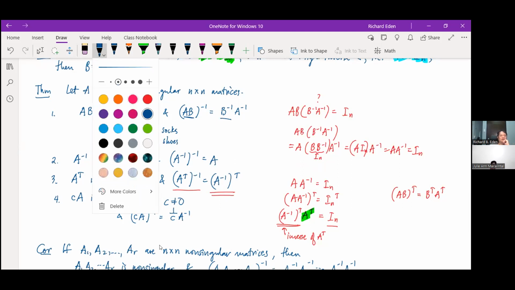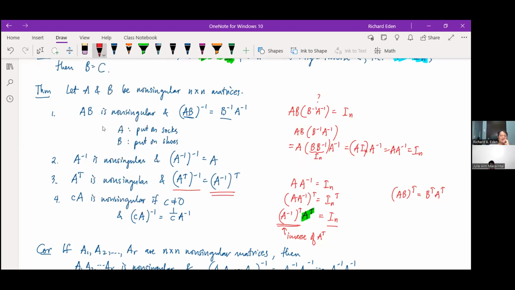Because if you take CA, we realize that we must multiply it with 1 over C times A inverse in order for the product to be the identity. Because if you have a scalar multiple, you can factor it out of all the terms of a matrix and then just multiply the scalars on one side. C times 1 over C and then A inverse.